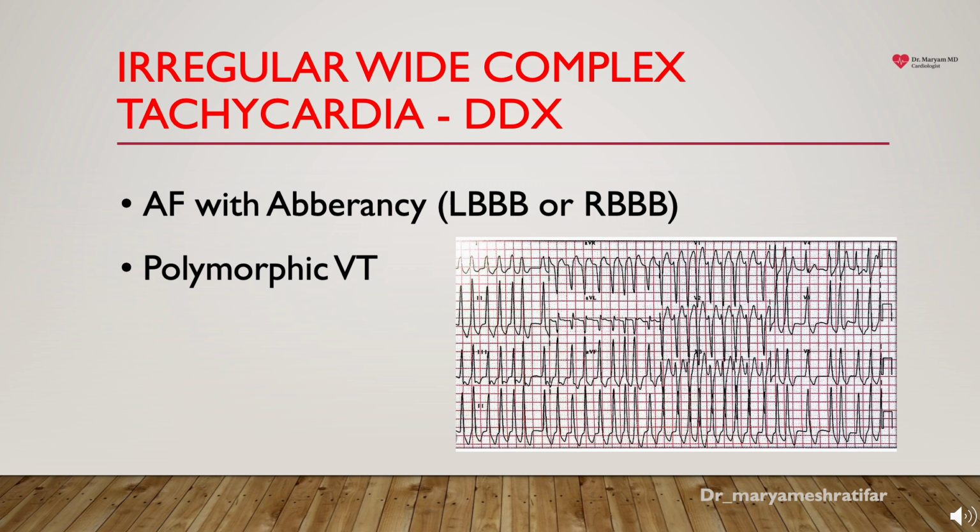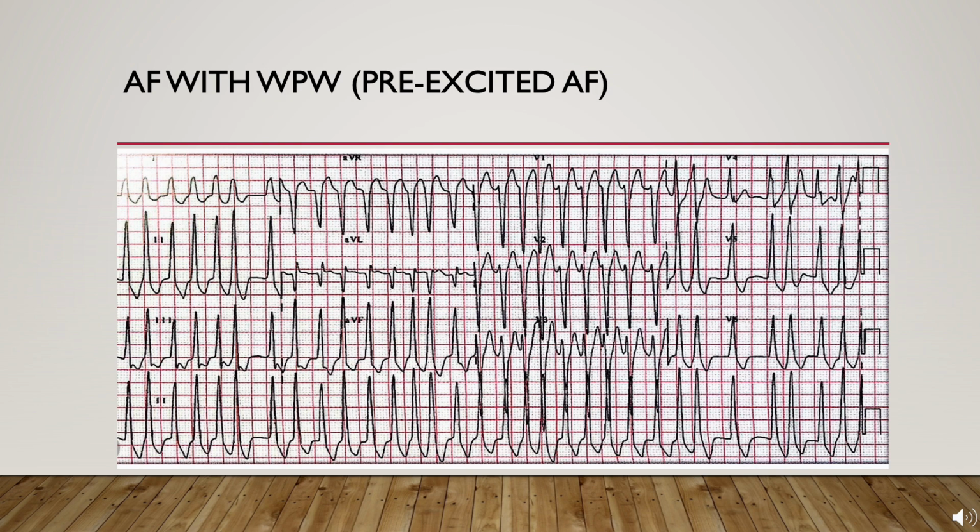The third differential diagnosis is atrial fibrillation with Wolff-Parkinson-White syndrome. This condition is also known as pre-excited atrial fibrillation. In Wolff-Parkinson-White syndrome, there is an accessory pathway in addition to the AV node that conducts electrical impulses.